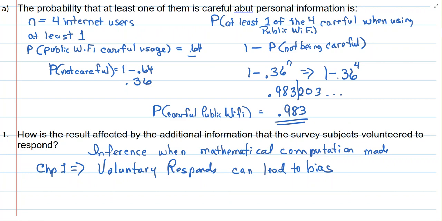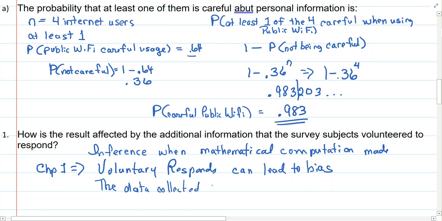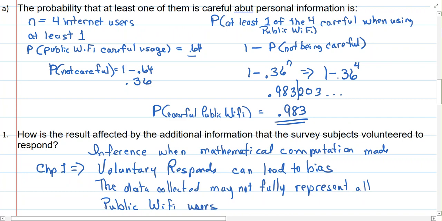So we can say the data collected may not fully represent all public Wi-Fi users because of this voluntary response, and draws questions on how you collected the data.